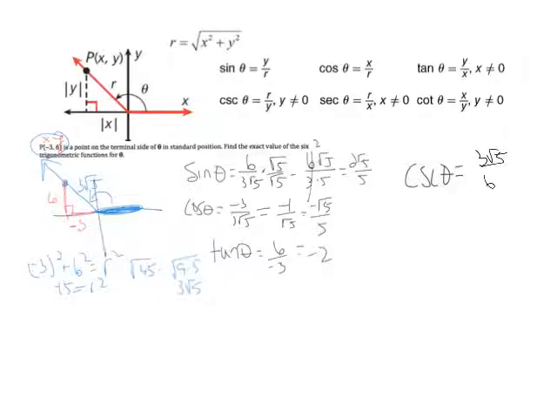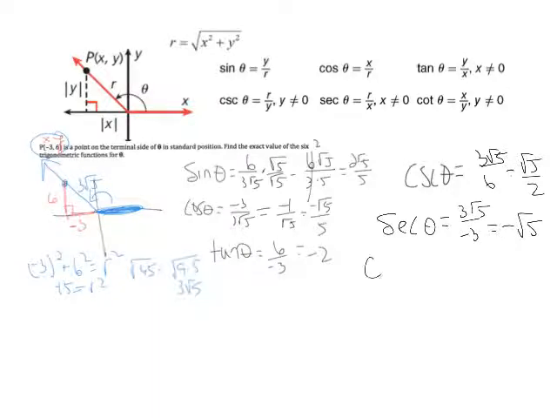And so this is a radical 5 over a 2. And then secant goes with cosine. Remember Santa Claus, SC. So we've got r over x. Again, I'm going to go back to the original, 3 radical 5 over a negative 3. So this is just simplifying down to a negative radical 5.